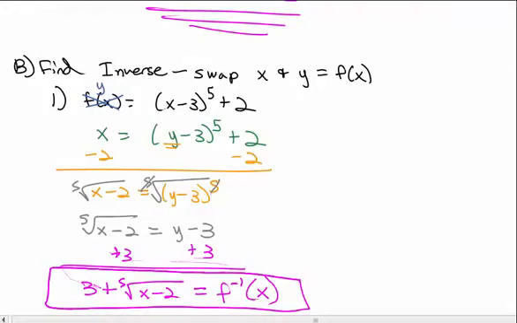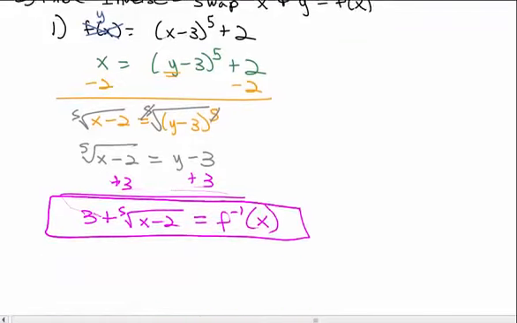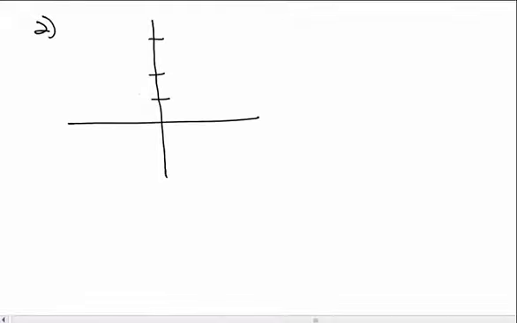So to find the inverse function, we simply swap our x and our y values. It works with equations of all types, but it also works with graphs. Let's take a look at this graph here. Let's put a point on the graph here at negative 2, 3.